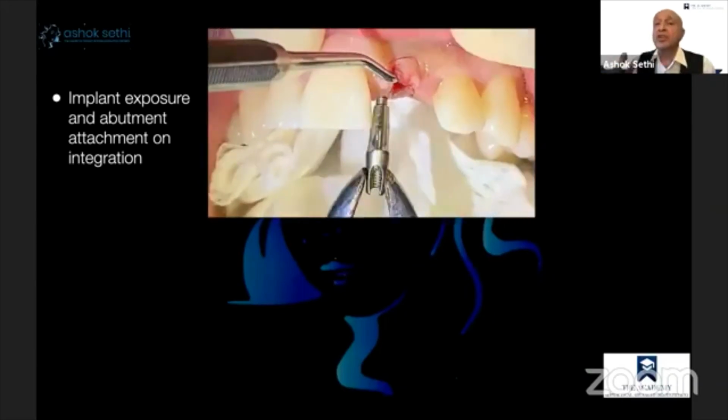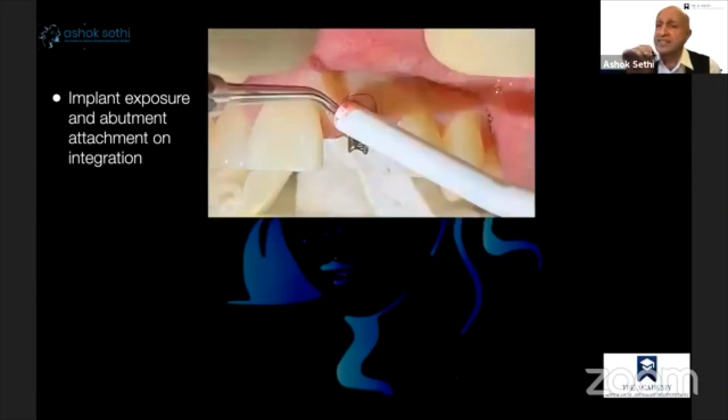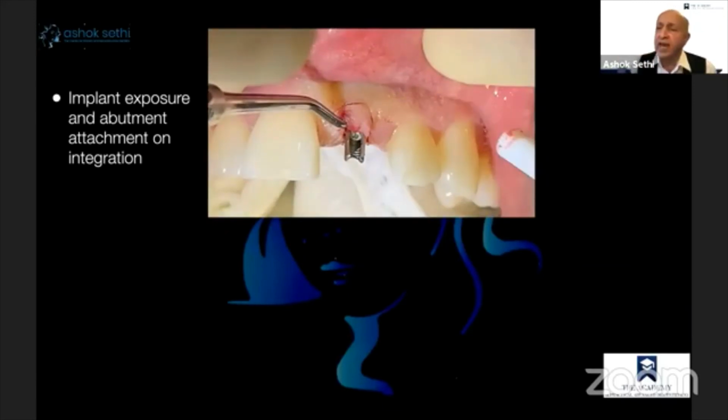You can then, 3 months later, come back in, take your selected abutment, and this abutment may well have been designed by your technician, or it may well have been designed by yourself on one of the digital formats, and you attach it at the time you carry out the exposure through this very small incision here.